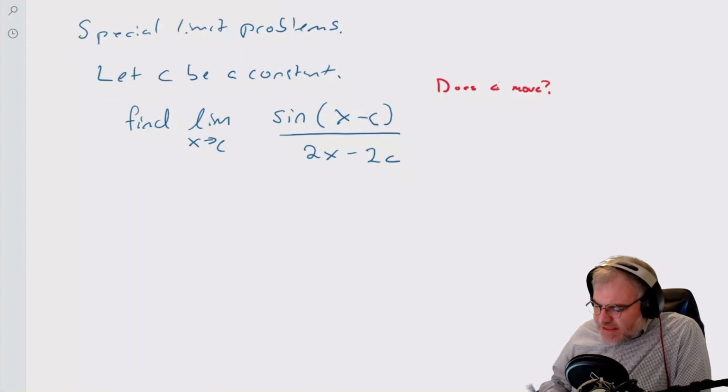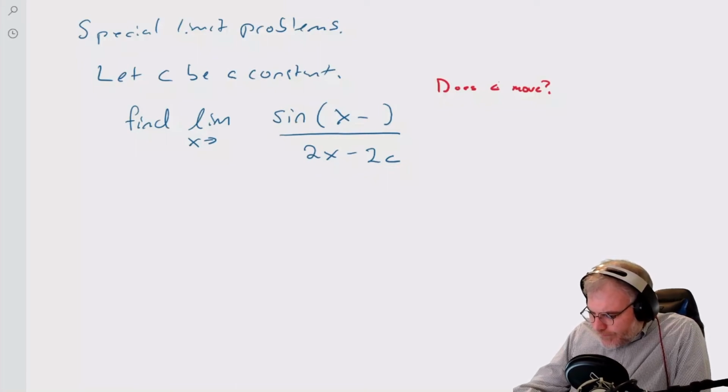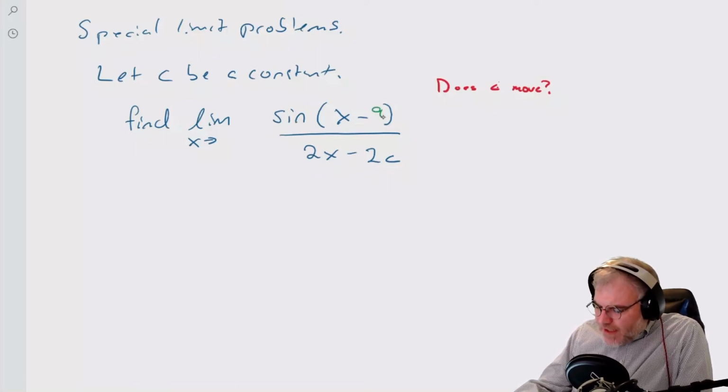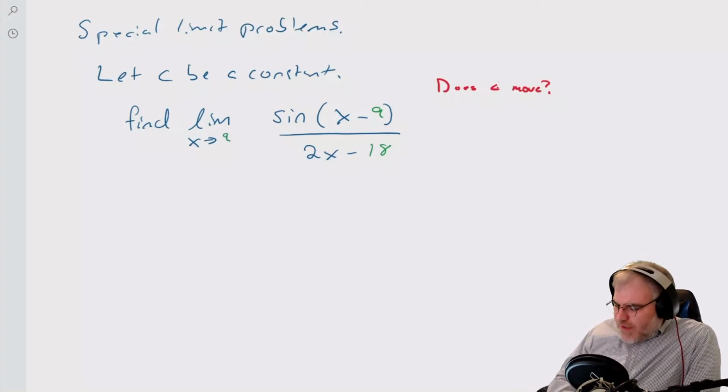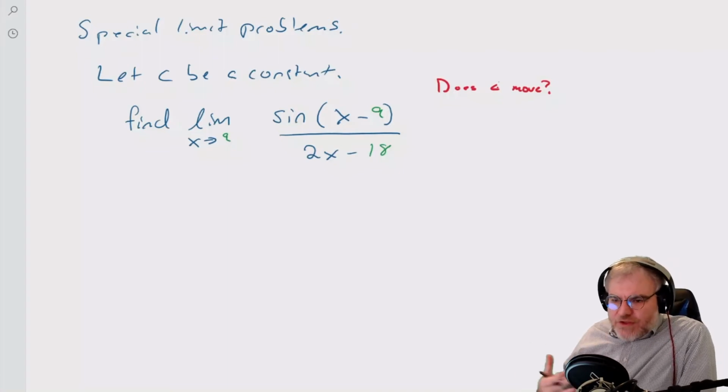So let's say that C was 9. If C was 9, what would I do? Let's say you got the randomization C is 9. What would you do here? That was your randomization on WebAssign.